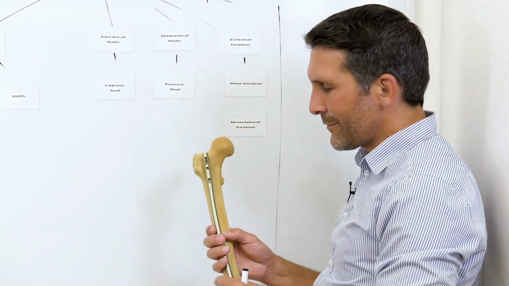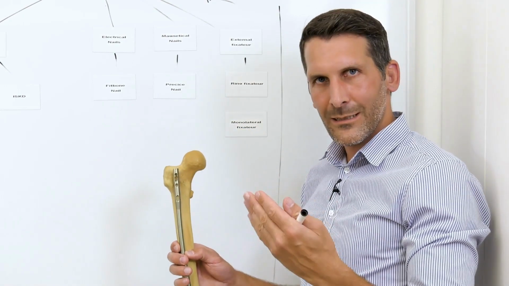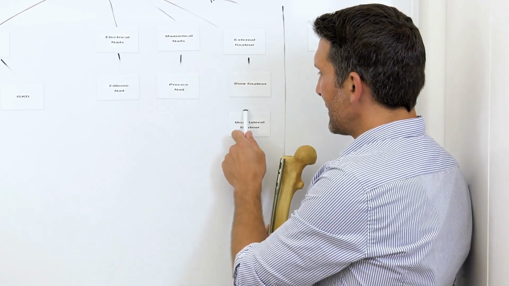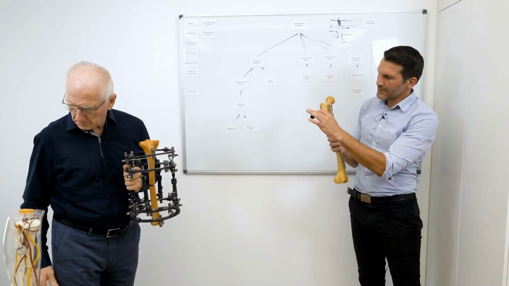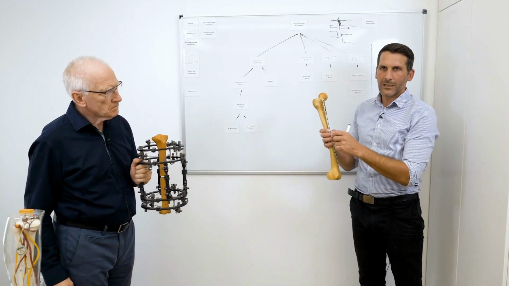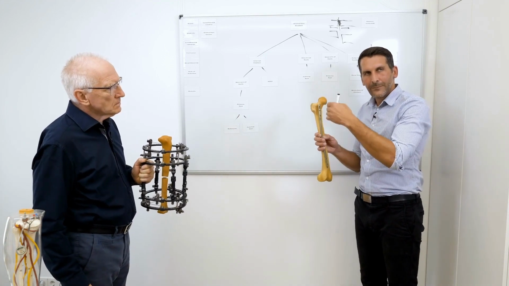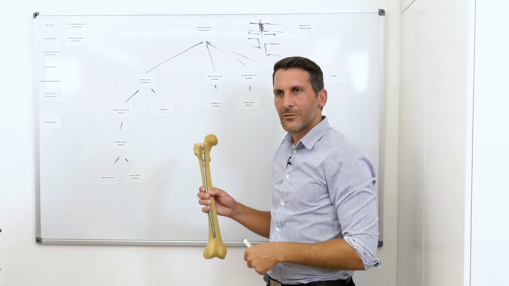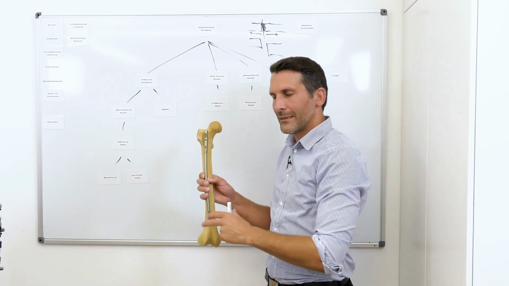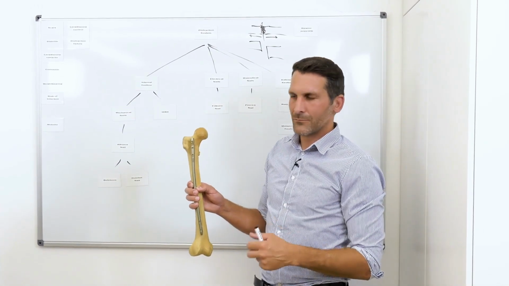And to create an extension mechanism, basically, this fixator is used. And this fixator is then additionally inserted alongside the nail and permanently, with screws from the outside, so to speak, turned further to carry out the distraction mechanism.